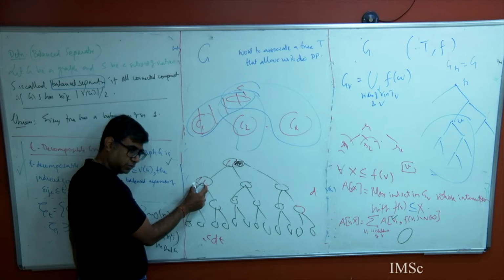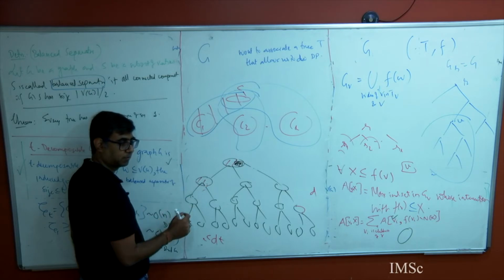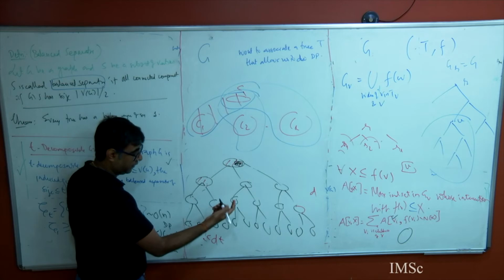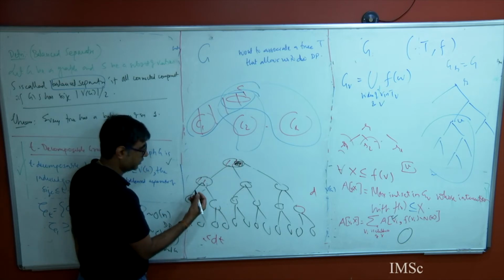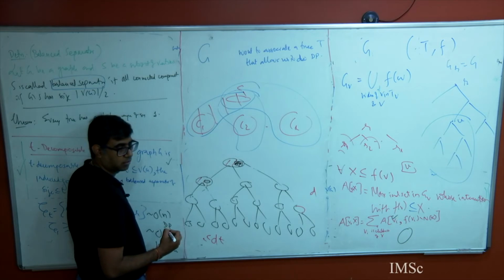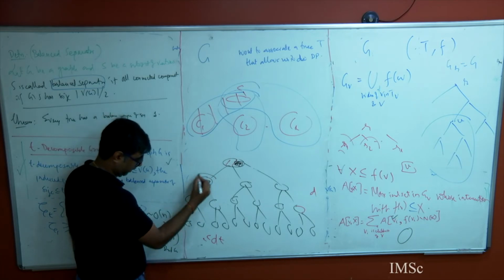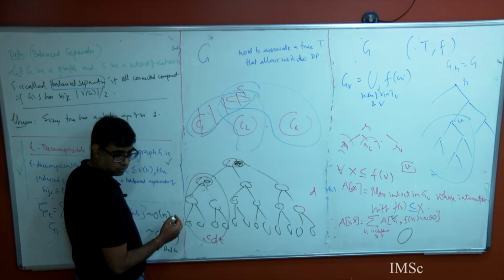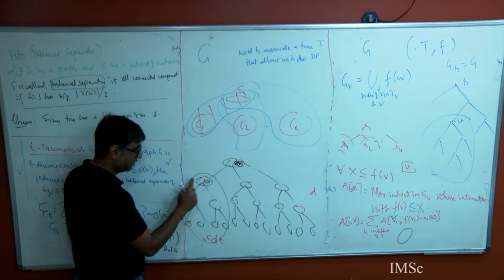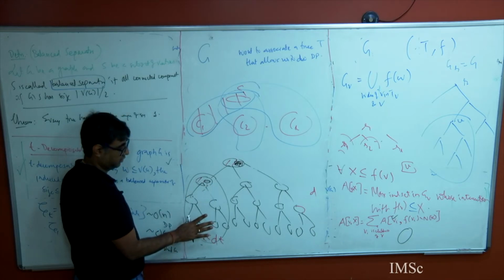Is that enough? So if I look at the corresponding guy here, what does it tell? Give me something from below, like an independent set from below, whose intersection with this bag is precisely this. This is all that it is saying, right?